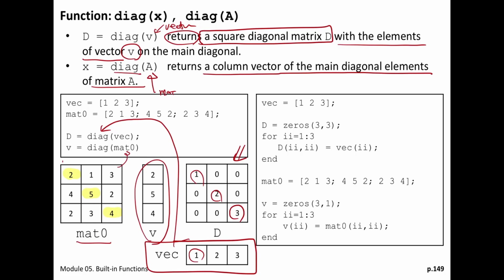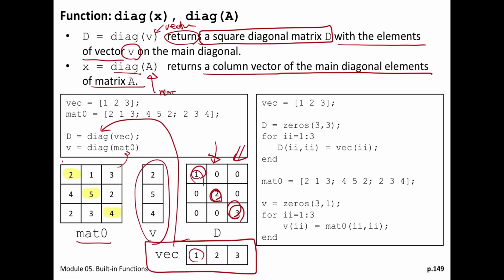How can you implement this diag built-in function using a loop statement and if statement? That's easy, right? Let's say you're going to make this diagonal matrix. You first initialize a 3 by 3 zero matrix, and then we access those locations.